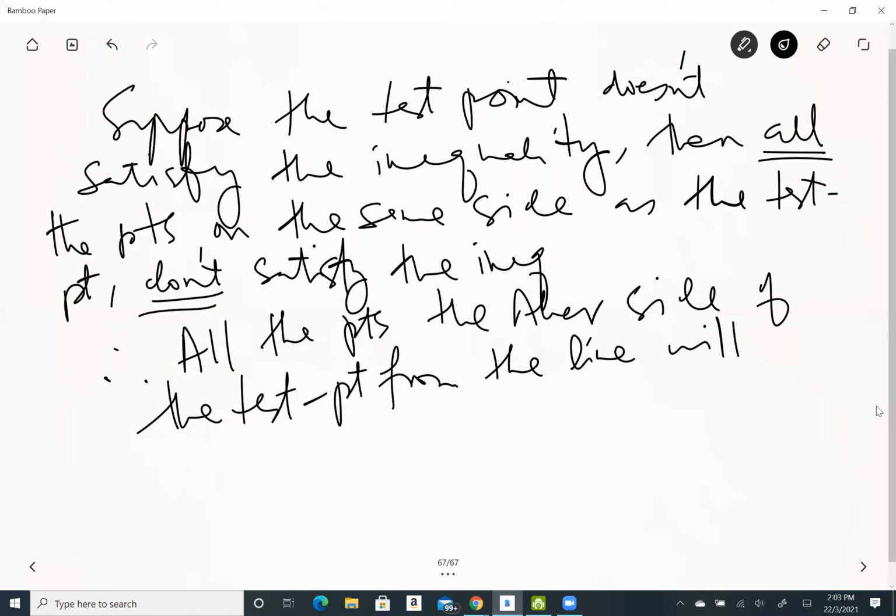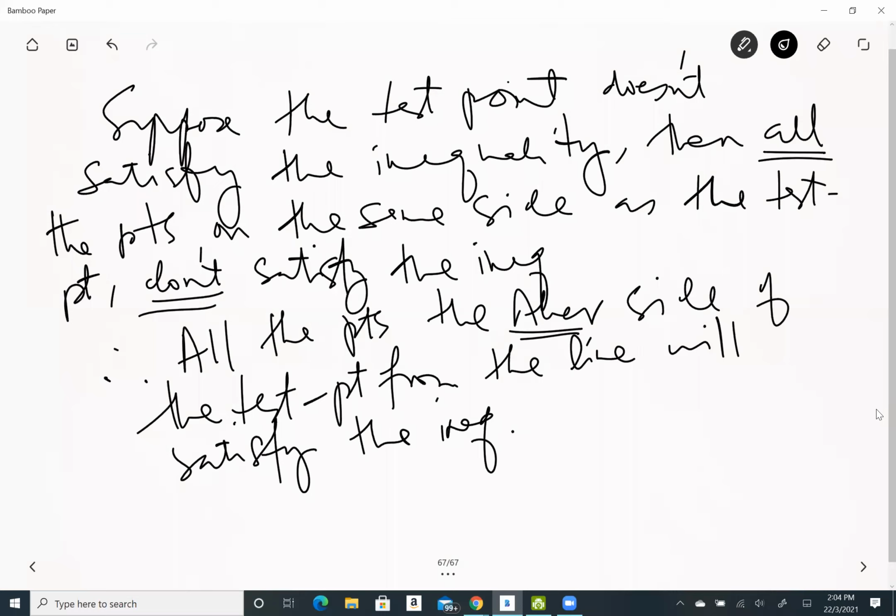So you don't have to test another point. We just conclude that the points on the other side will satisfy. So if the test point does not satisfy, then the inequality would be the other side. So it's very easy. If the test point is satisfied, well and good, because that will be the area. If the test point does not satisfy, then the other side will satisfy.